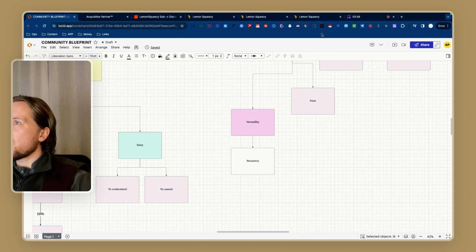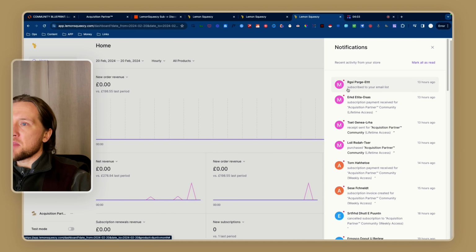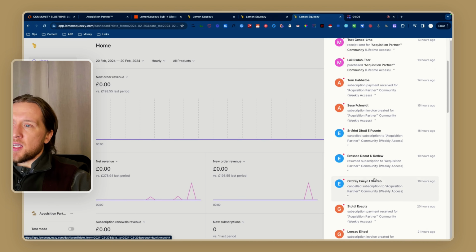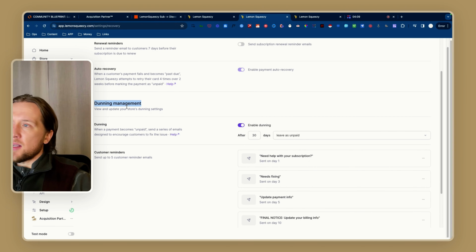So one of the key considerations here, and I've used a tool that actually helps block out names, so it scrambles the names here. One of the key considerations with Lemon Squeezy is that they have their own automated dunning management built in, abandoned cart reminder sequences.